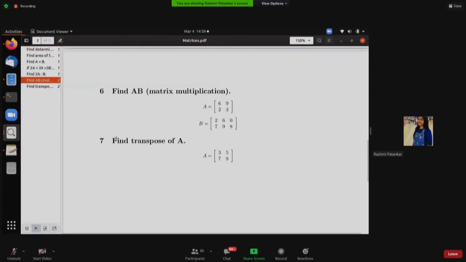Let me take one last example in which you have to calculate the transpose of the A matrix. I'm sure you all are aware of what a transpose is. In transpose, the rows become columns and columns become rows, right? So this matrix should actually look like 3, 7, and in the next row 5 and 9. How will we do that using Scilab?